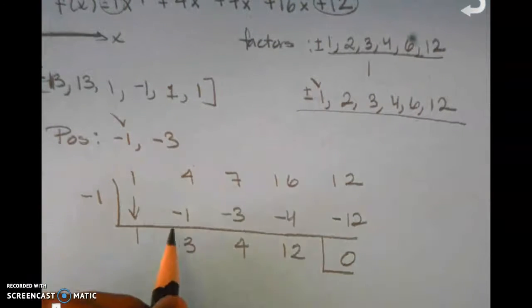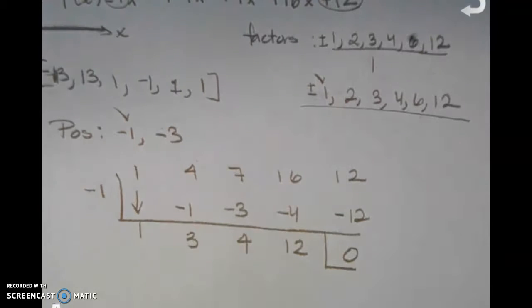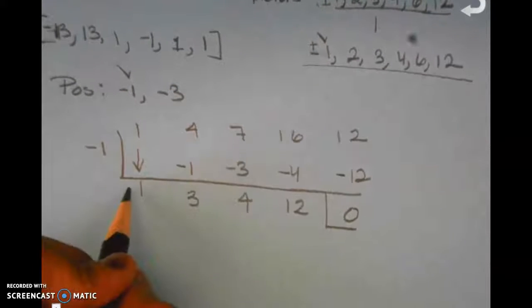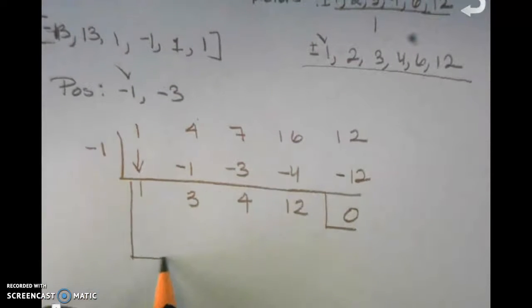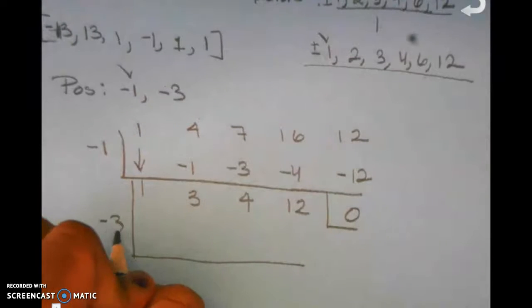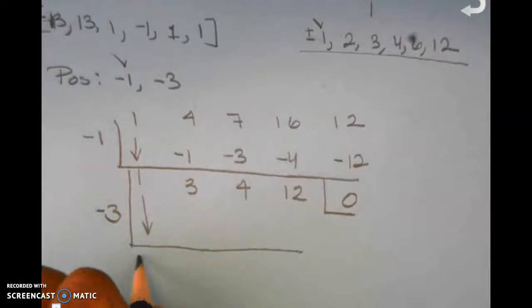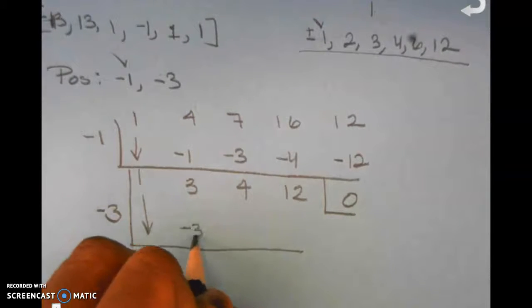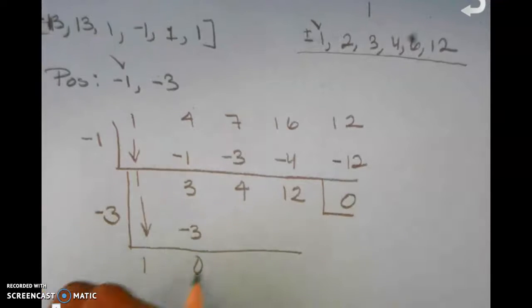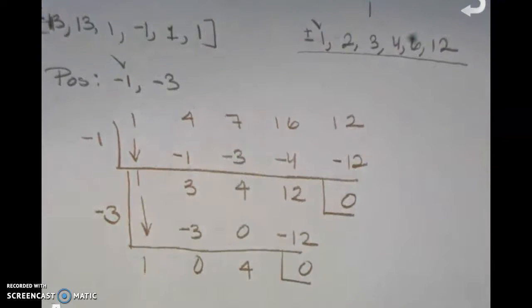Now I'm going to verify this -3. But I'm not going to do a whole new synthetic substitution deal. I'm going to continue on something a little new for you. I'm going to continue on, and so I'm going to now do the -3, and I'm going to bring down 1, multiply and add, multiply and add, multiply and add, and I get 0.